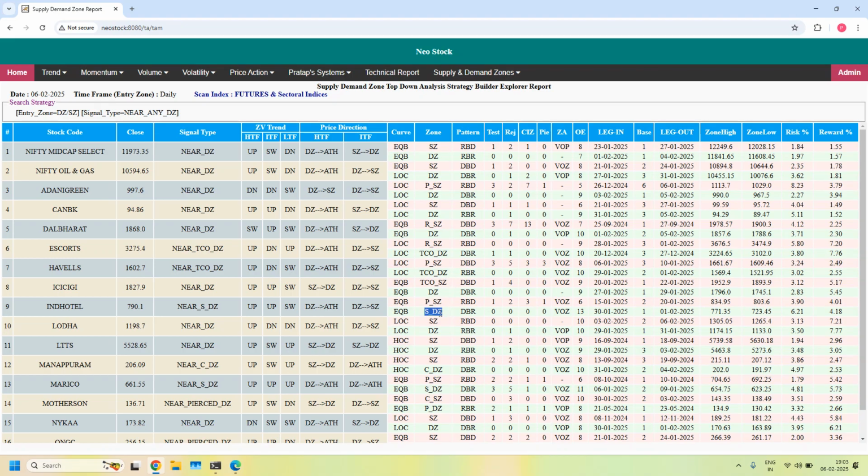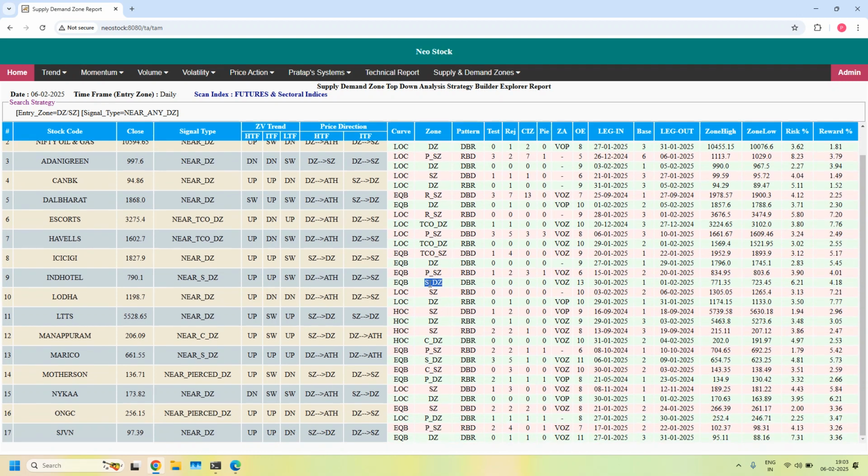Indian Hotels is having a high liquidity daily demand zone, and Manapuram is having a daily high liquidity demand zone. Marico is having a daily high liquidity demand zone. So we have identified 3 daily high liquidity demand zones from this list.